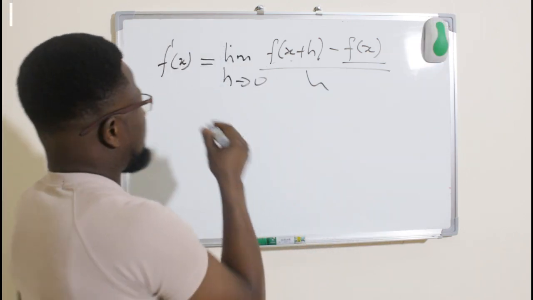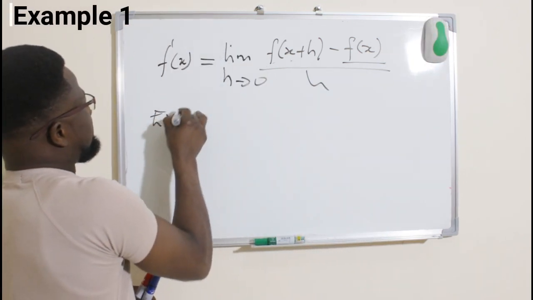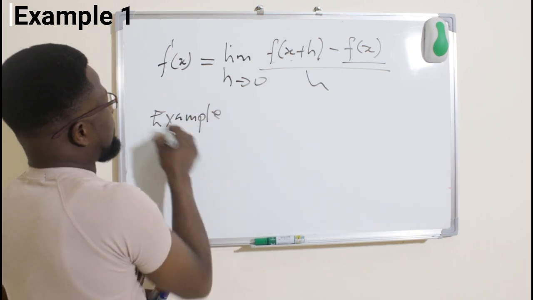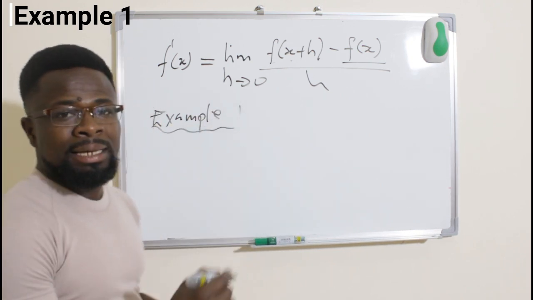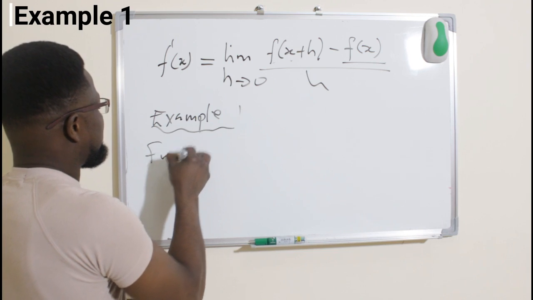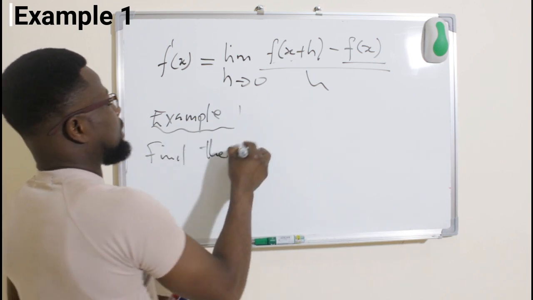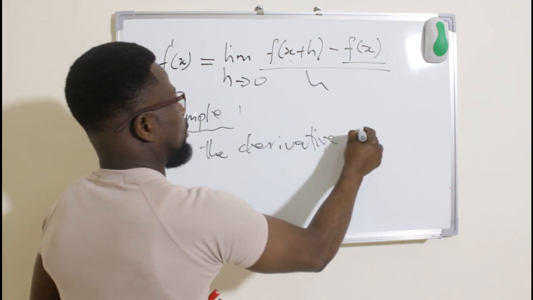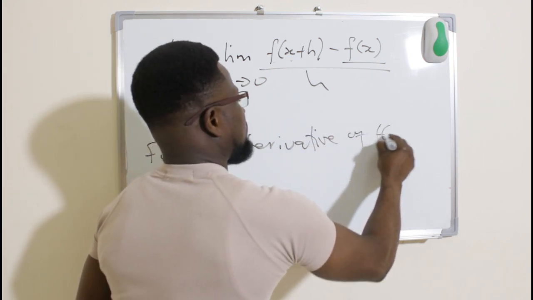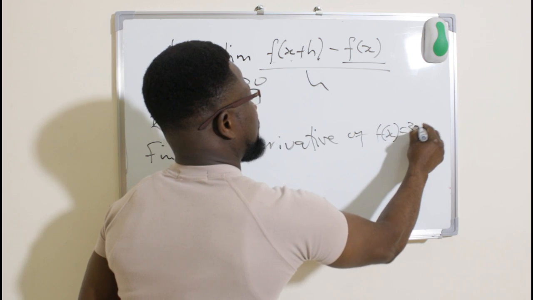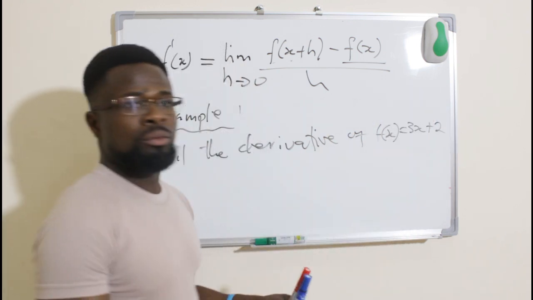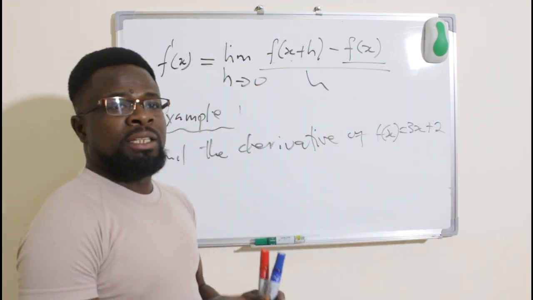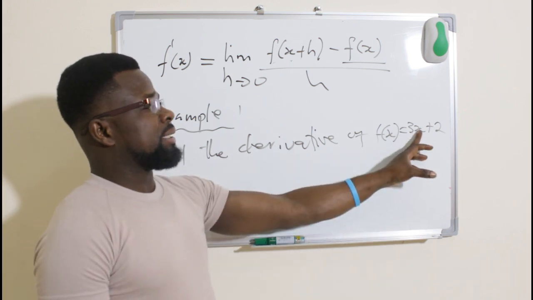Okay, so I give example number 1 and say find the derivative of f of x is equal to 3x plus 2. So we want to find the derivative of 3x plus 2.